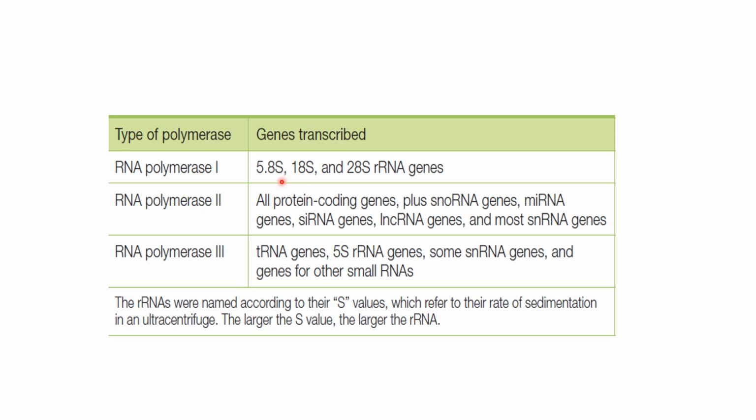For the genes like 5.8S, 18S, 28S rRNA, we have RNA polymerase I. Similarly, we have RNA polymerase II for catalyzing the synthesis of mRNAs, miRNAs, snoRNAs, lncRNAs, and snRNAs. And similarly, we have RNA polymerase III for catalyzing transcription of tRNA genes, 5S RNA genes, and some of the snRNA genes, and various other small RNAs.